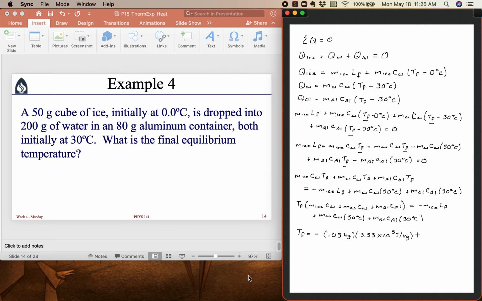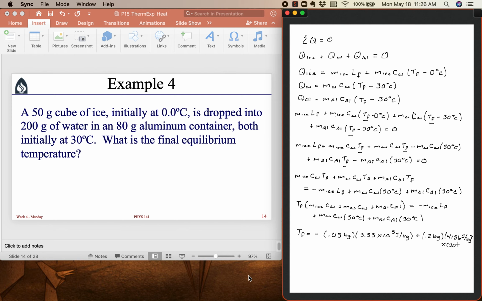And then I have to add to that plus the mass of the water, and the mass of the water is 200 grams or 0.2 kilograms, times the specific heat of the water, 4,186 joules per kilogram degrees Celsius. And then I also need to multiply that times 30 degrees Celsius.